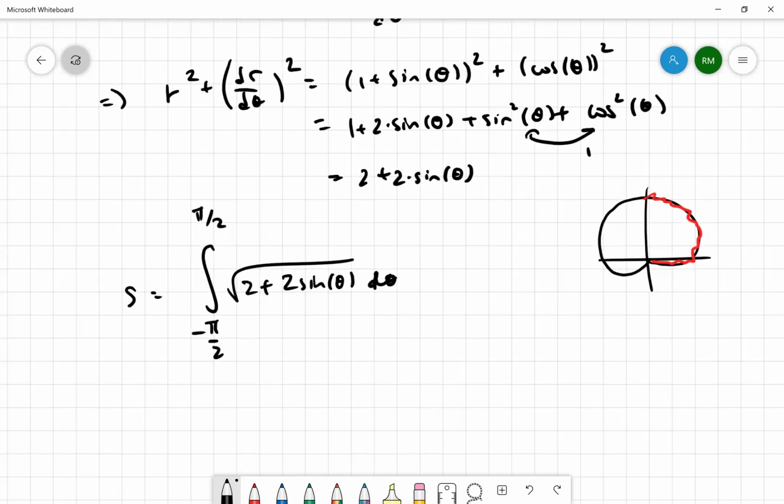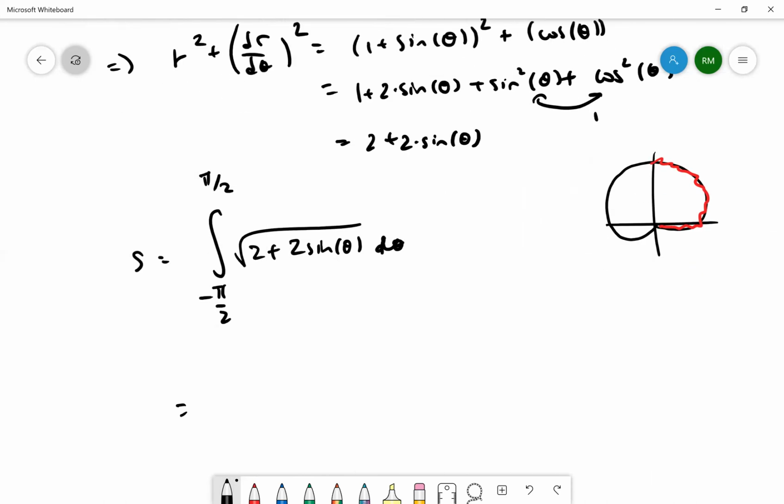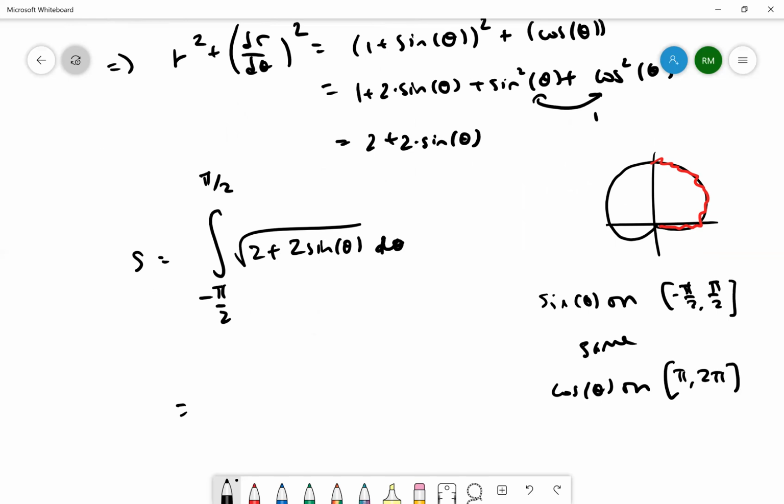Now, I'm actually going to do a little work here. The sine function on negative pi over 2 to pi over 2 is the same as the cosine of theta on the interval from pi to 2 pi, because the sine goes from negative 1 to 1, so the cosine goes from negative 1 to 1 in this interval.